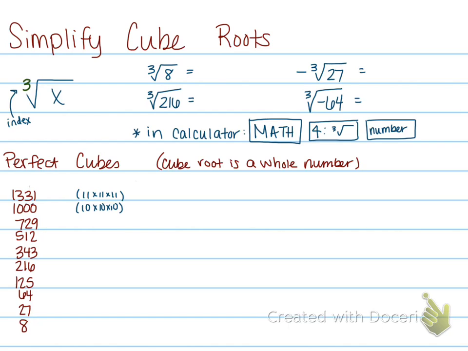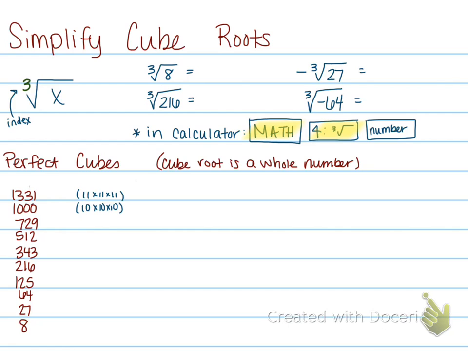You can simplify perfect cubes in your calculator, just like you simplified squares. On your calculator, find the button that says Math. Math is right below the alpha button. In Math, the 4th one down, you'll see the picture of the cube root.